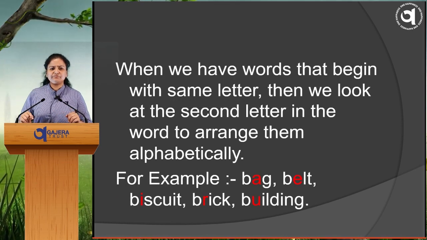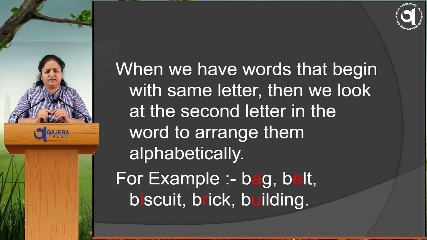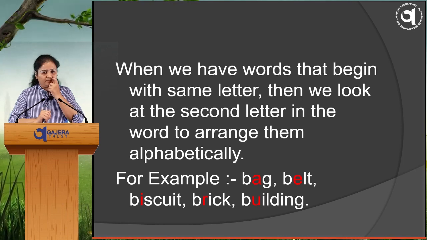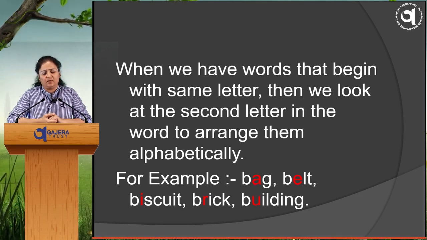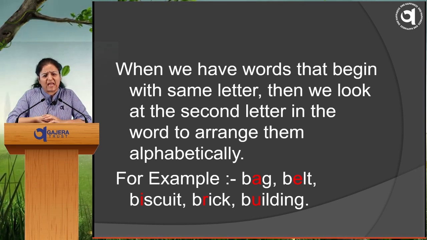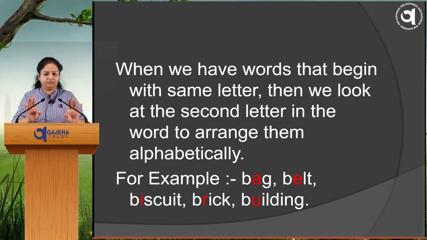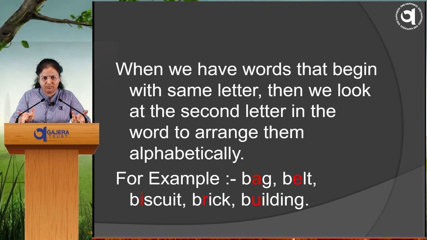Now when we have words that begin with the same letter, we look at the second letter in the word to arrange them alphabetically. Suppose you find words that begin with the same letter, what do we have to do?